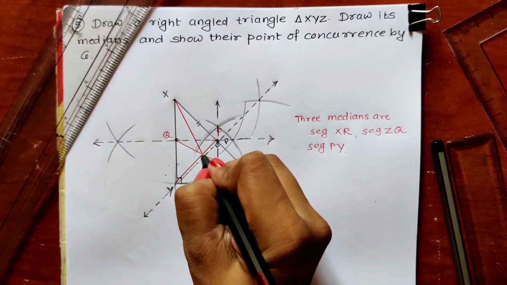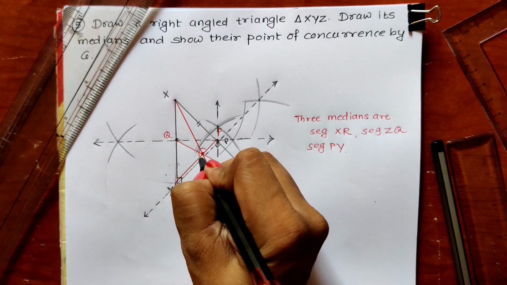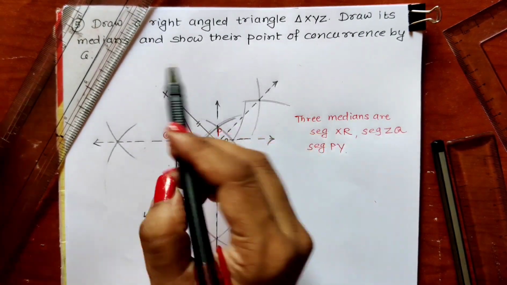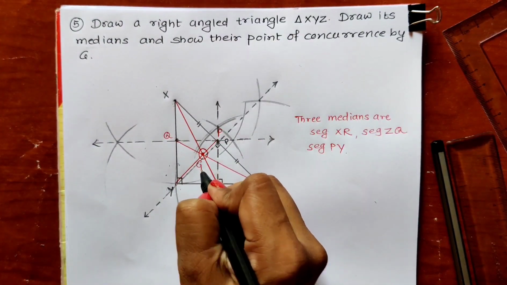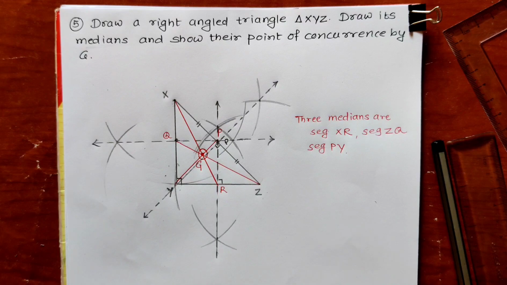And in this way here I have got the point of intersection of all these three medians, which is the point of concurrence also, which can be denoted by capital G.